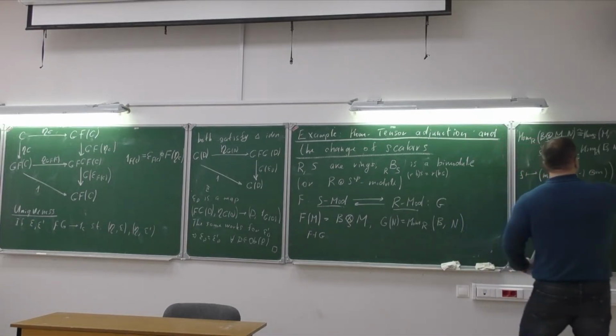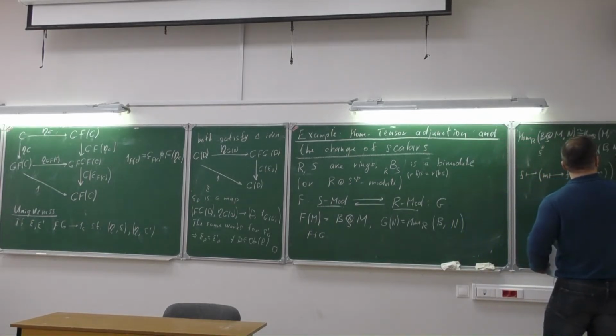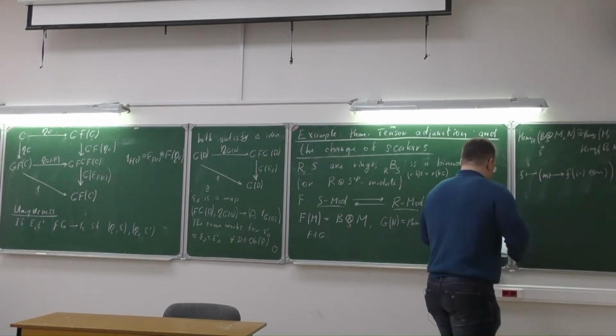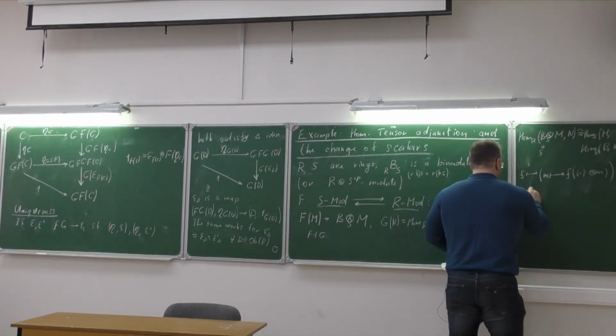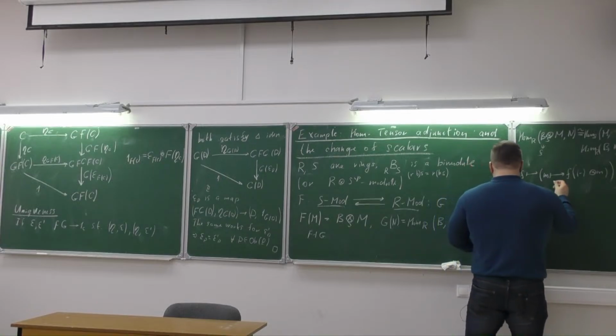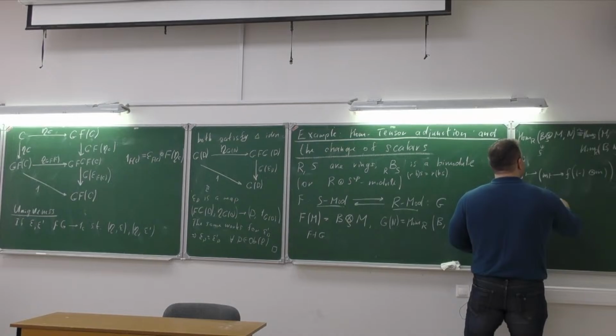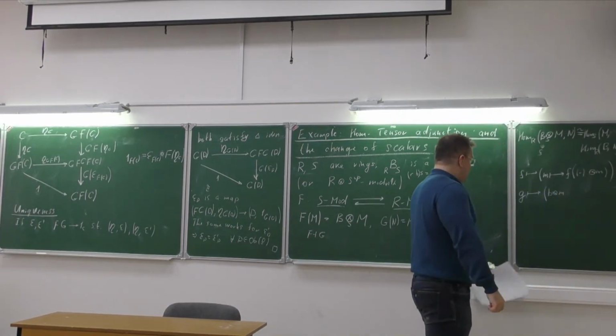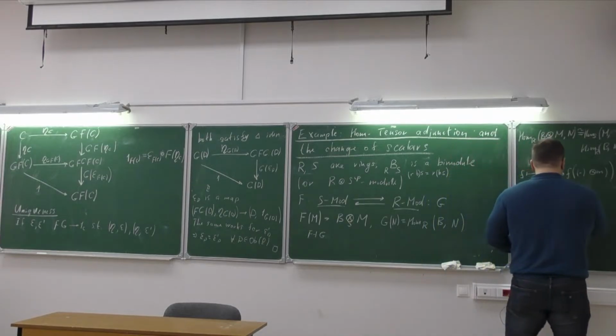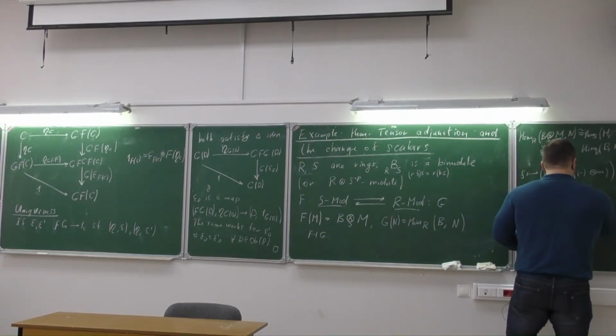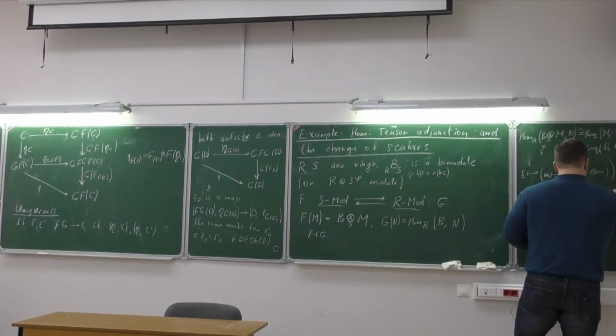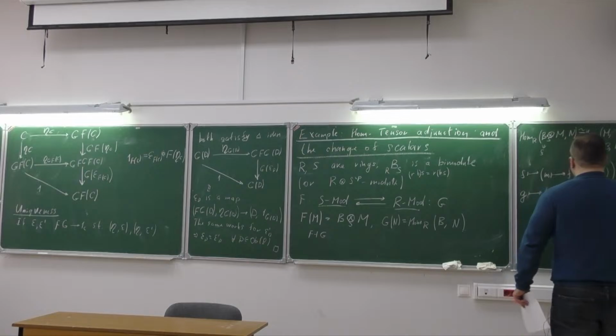Now let me assume that I have also a map G from the Hom on the right, and this G can be sent to the following map. On the simple tensor b tensor m, this is a map that sends this simple tensor to G of m evaluated on b.